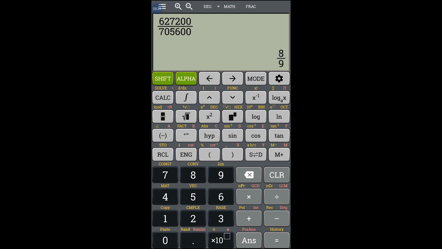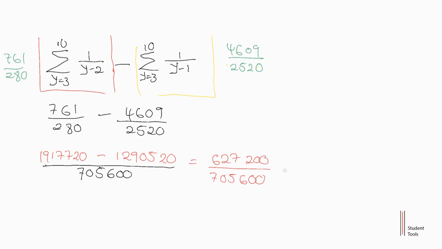This is equal to 8 over 9. So this is how we determine the value of this. And our final answer is 8 over 9.